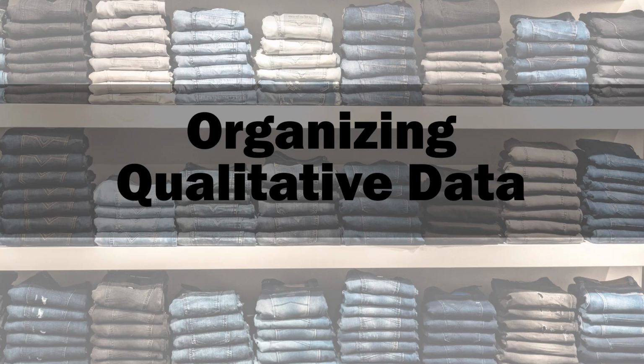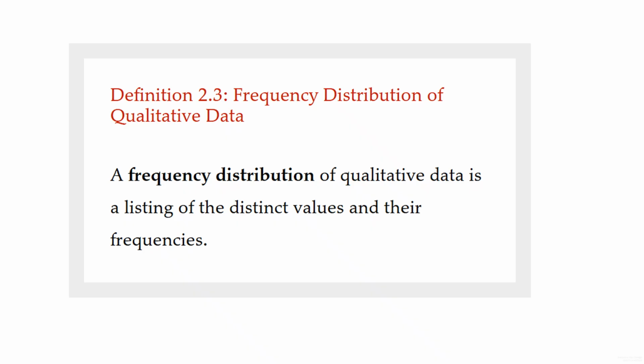Okay, so we're going to move into talking about how we can organize qualitative data first, and then we'll talk about organizing quantitative data next on its own. One way of organizing qualitative data is to construct a table that gives the number of times each distinct value occurs.